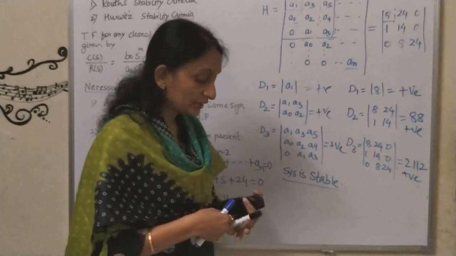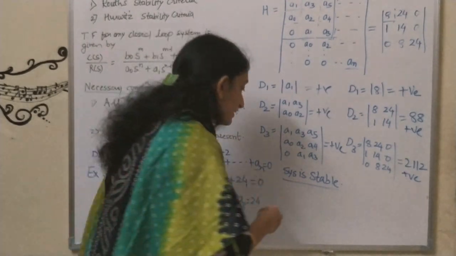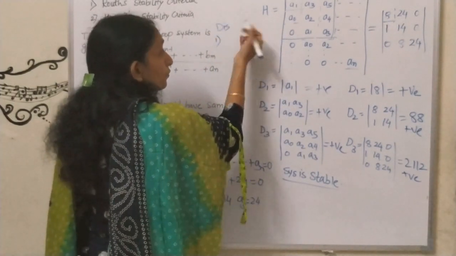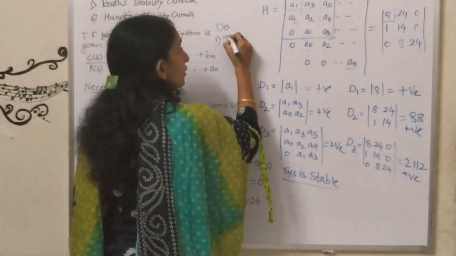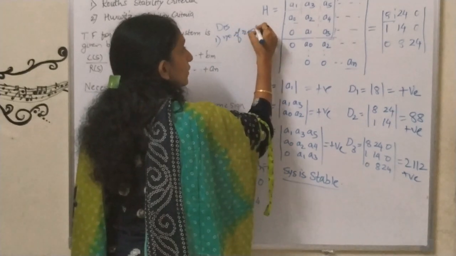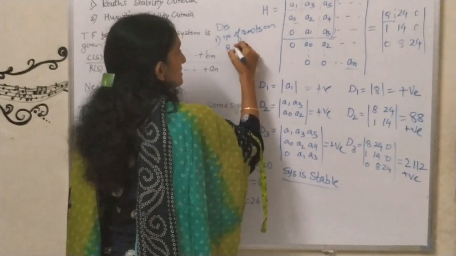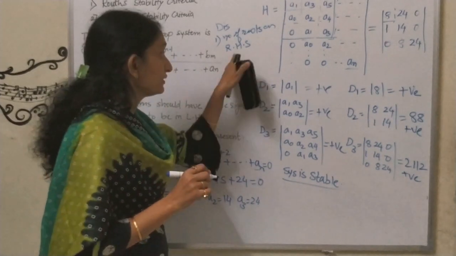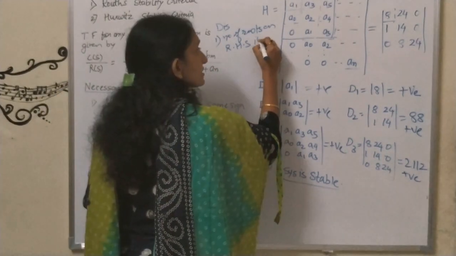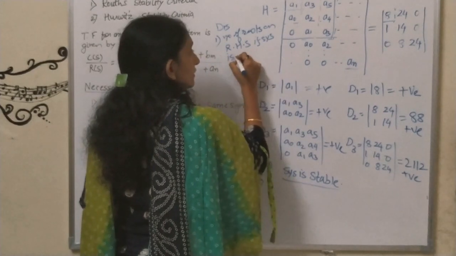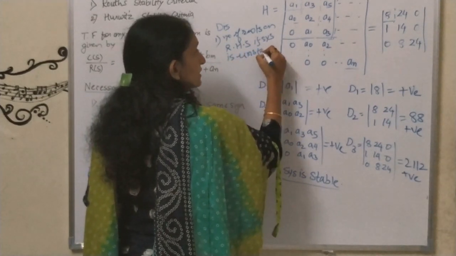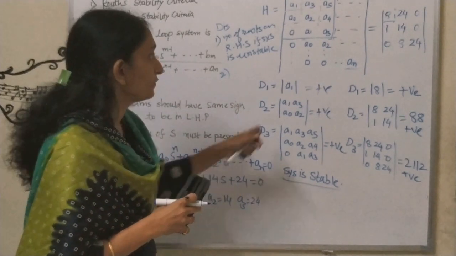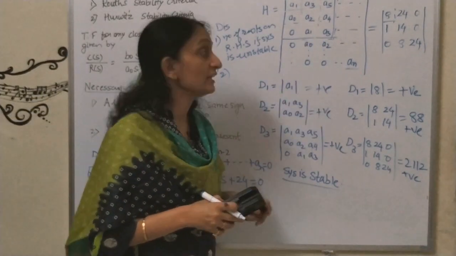So the disadvantage of this Hurwitz criteria is, number one, I will write the disadvantage: we cannot calculate the number of roots on the right hand side if the system is unstable.